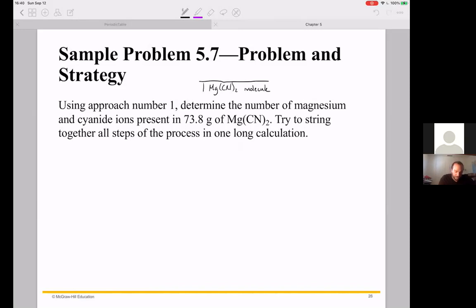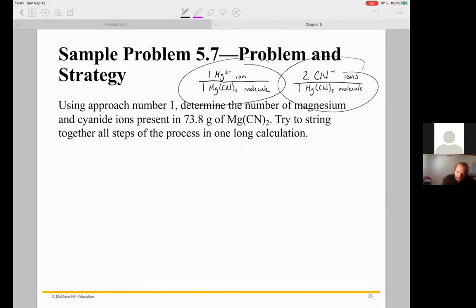So I'm going to be a little sloppy with my terminology, but that contains 1 Mg2+ ion. Likewise, 1 Mg(CN)2 molecule, or really formula unit if I was being better, contains 2 cyanide ions. So these are 2 conversion factors that we're going to have to use. Convince yourself that you can see where those came from.